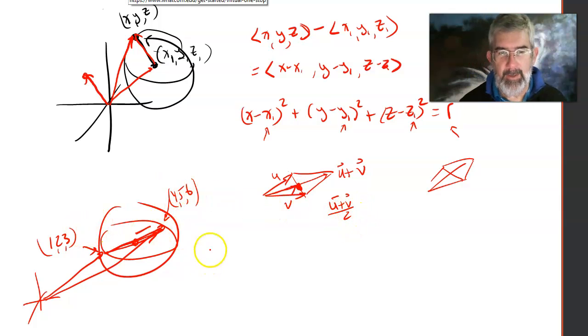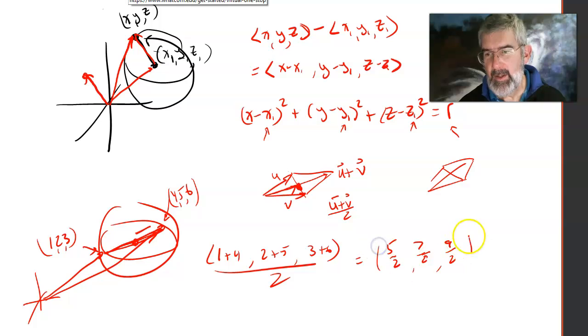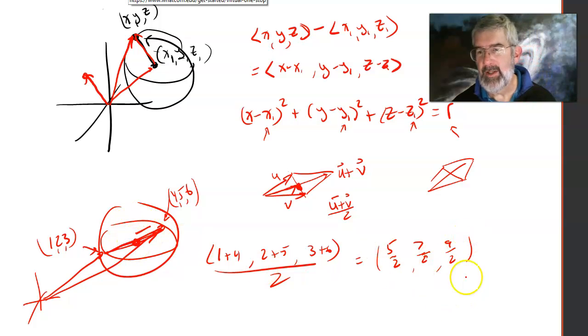So here, I would take 1 plus 4, 2 plus 5, 3 plus 6, and divide that whole vector by 2, which is 5 halves, 7 halves, and 9 halves. So the point in the middle, which is the center of the sphere, has coordinates like that.